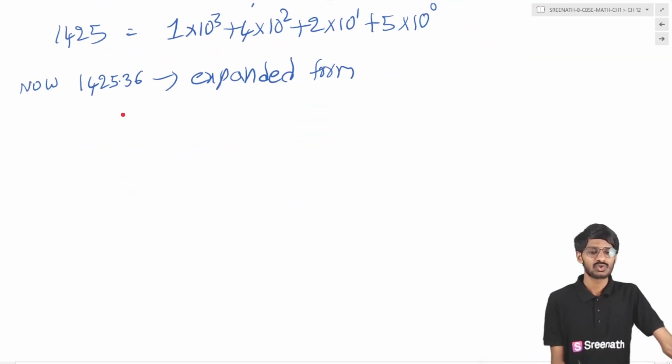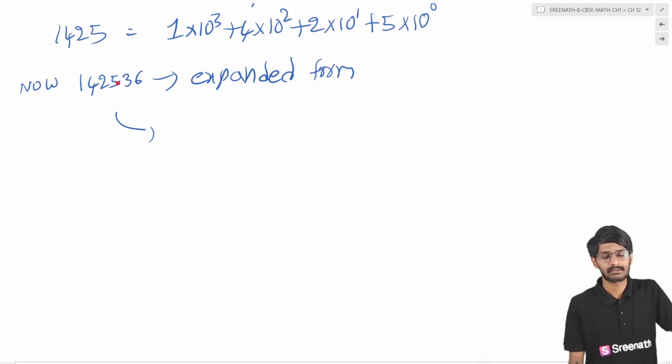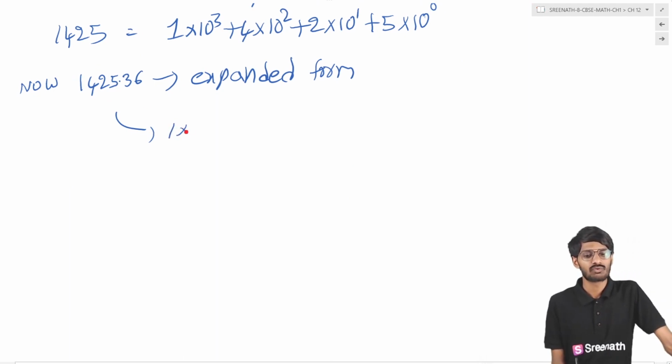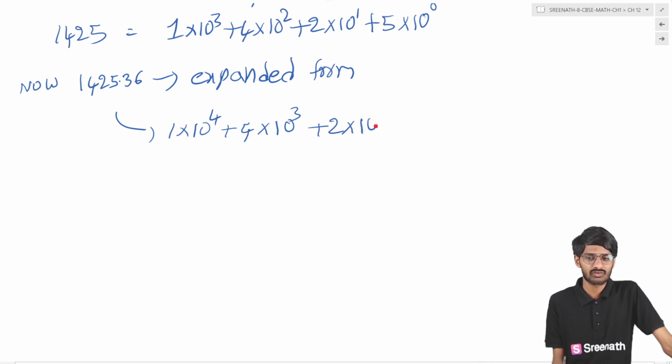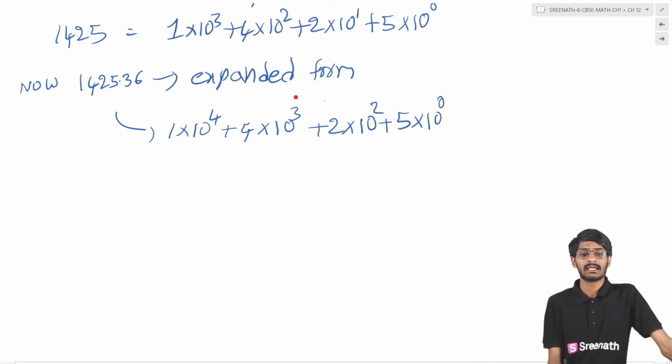Okay, students, so this is the expanded form. Just start here. That is 1 into 10 power 4, plus 4 into 10 power 3, plus 2 into 10 square, plus 5 into 10 power 0, we know already. Next you have to write plus again, and start writing the right side terms.